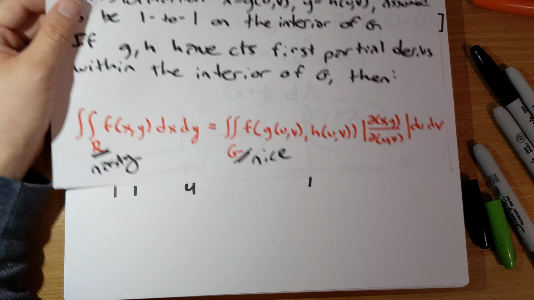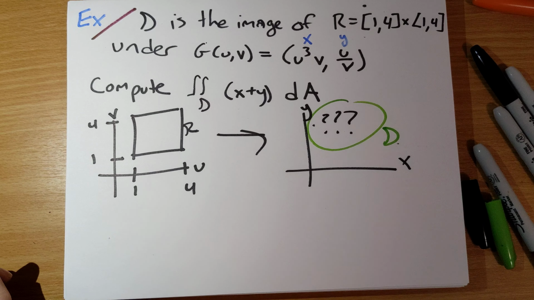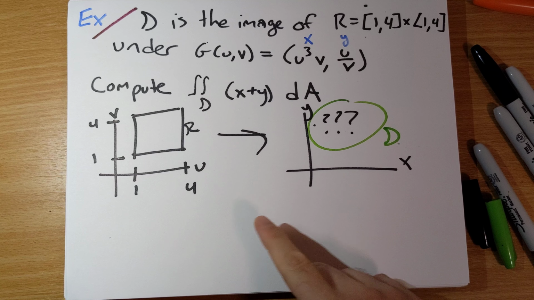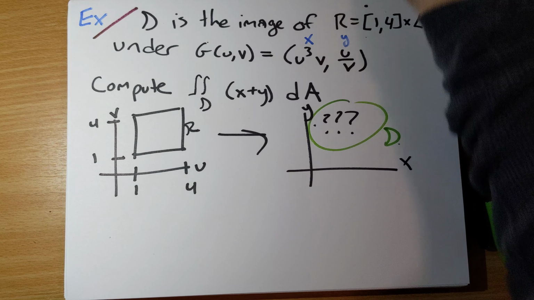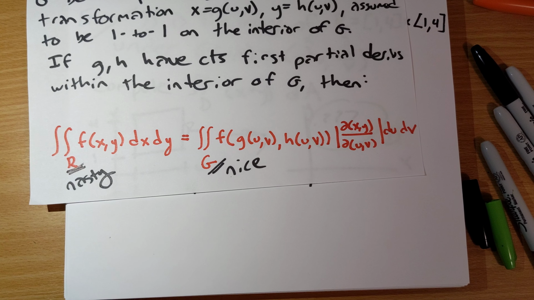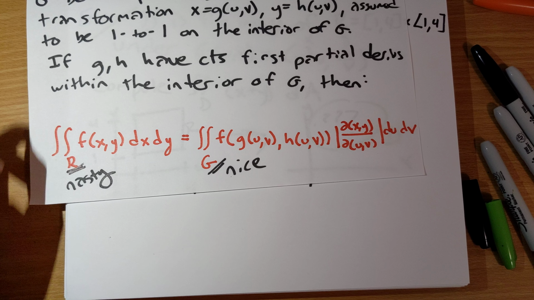So all we have to do here is replace X with U cubed times V, Y with U over V, and calculate out the Jacobian and throw in the absolute value of the Jacobian here, and we're all set.